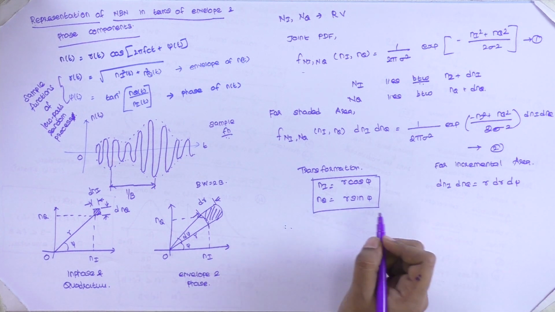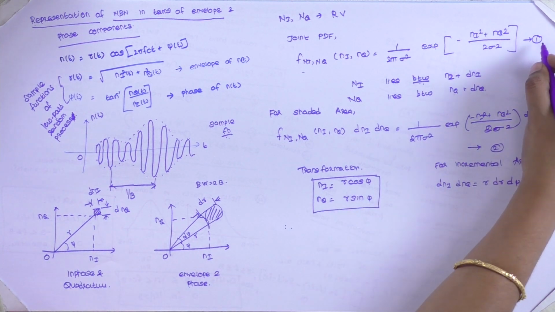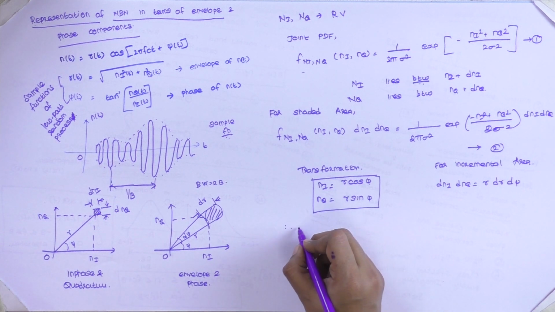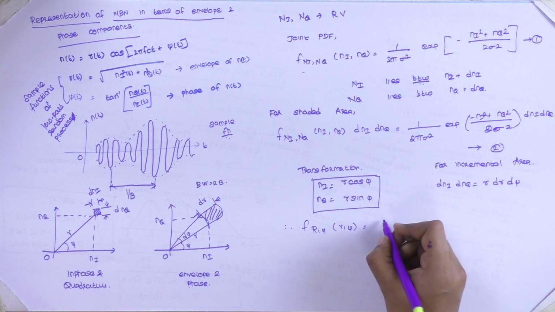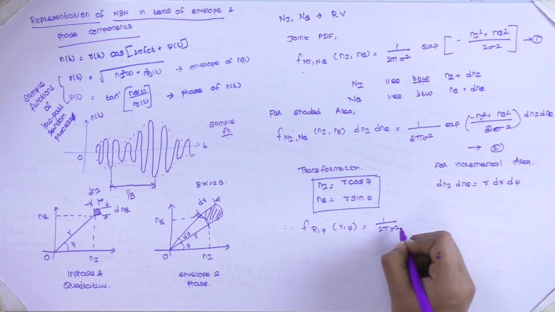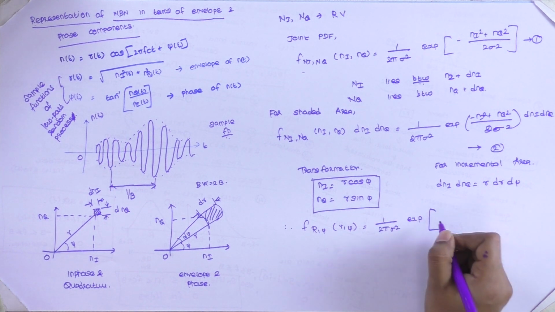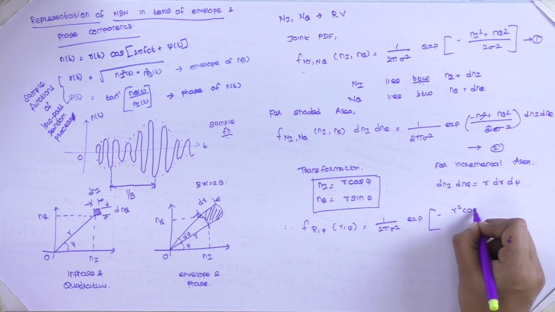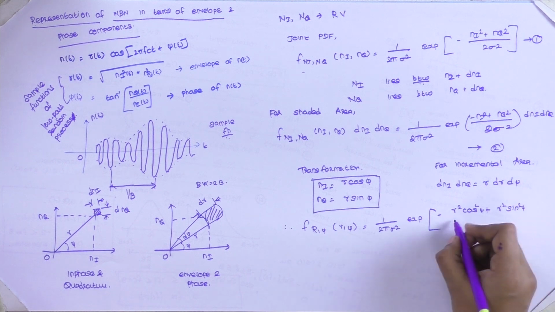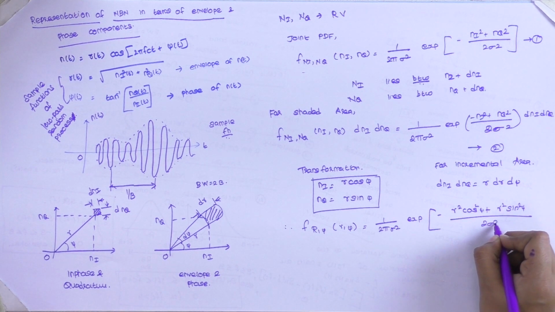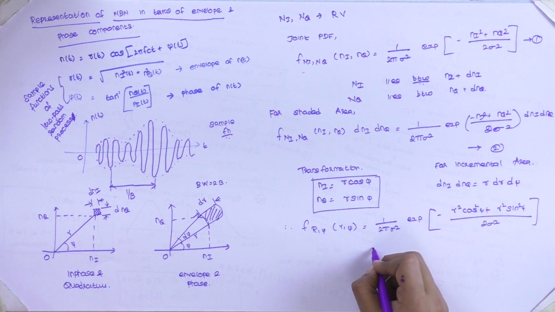Therefore, the joint probability density function, equation number 1, can be rewritten as f(r, ψ) = 1/(2πσ²) exponential of minus (r² cos²ψ + r² sin²ψ) divided by 2σ².